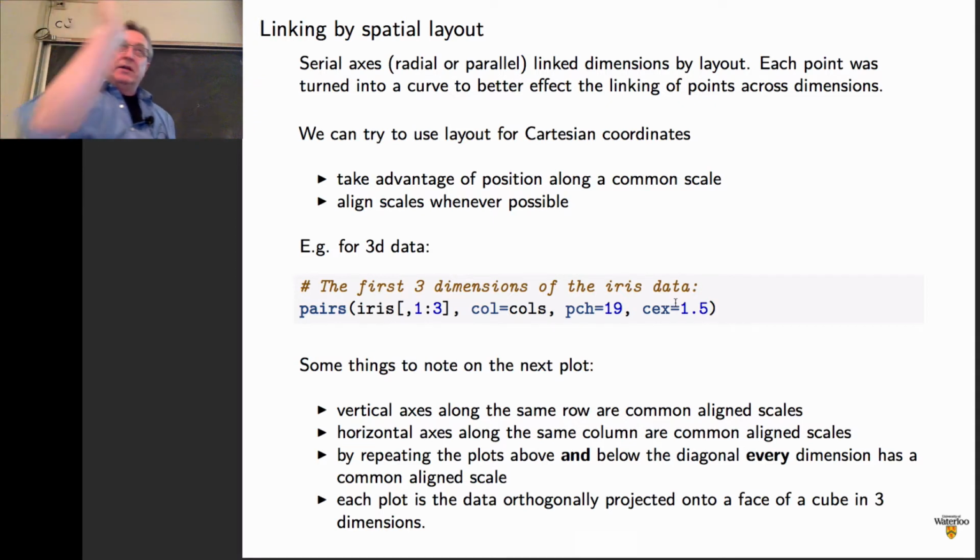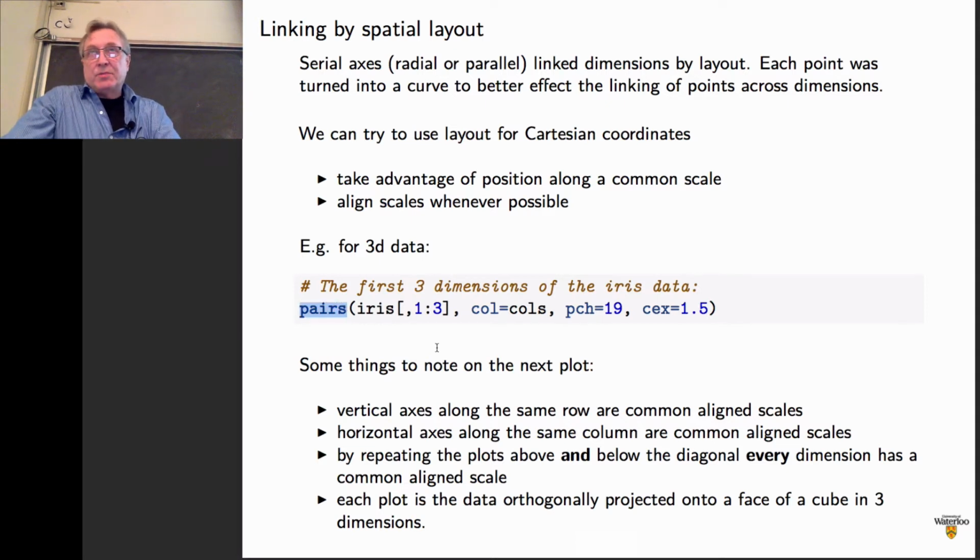They're parallel, moving along, and I can follow that curve. Every point was a curve or a glyph in the 2-dimensional layout, and that allowed us to link points across the display. I want to do the same sort of thing to link points in the 2-dimensional display, but with Cartesian coordinates.